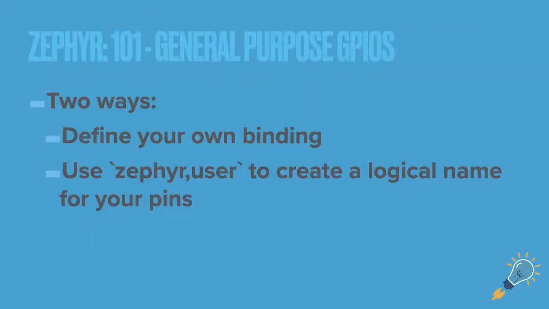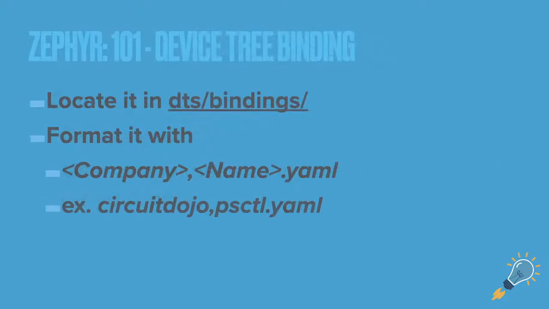Two ways. You can create your own binding, and this will be a specific YAML file that lives in your application or in a library. And then we'll also be going over using Zephyr users, kind of what I just mentioned. If you're using West, Zephyr will look for any bindings in a DTS bindings folder.